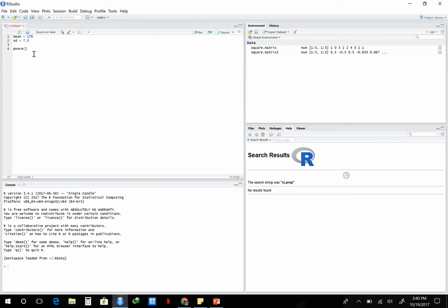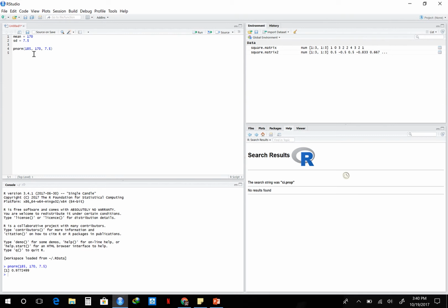We'll pretend that that was the mean and standard deviation of a data set of heights. And if we wanted to find the probability that a person will have a height greater than 185 centimeters, we'll first put p-norm 185, then comma, the mean, comma, and then the standard deviation. So the mean was 170, and the standard deviation was 7.5. So we're going to run that.